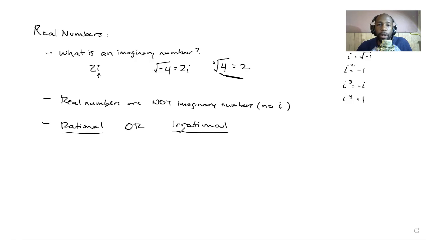A rational number is a number that can be expressed as the quotient of an integer divided by a non-zero integer. What in the world does that mean? It means a rational number can be defined as an integer divided by a non-zero integer.